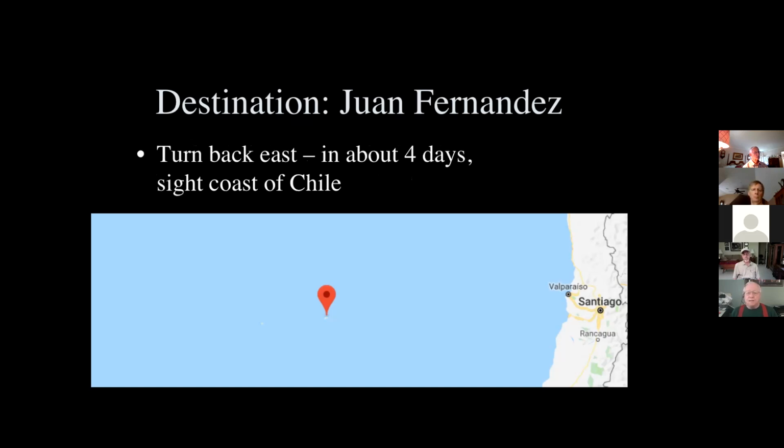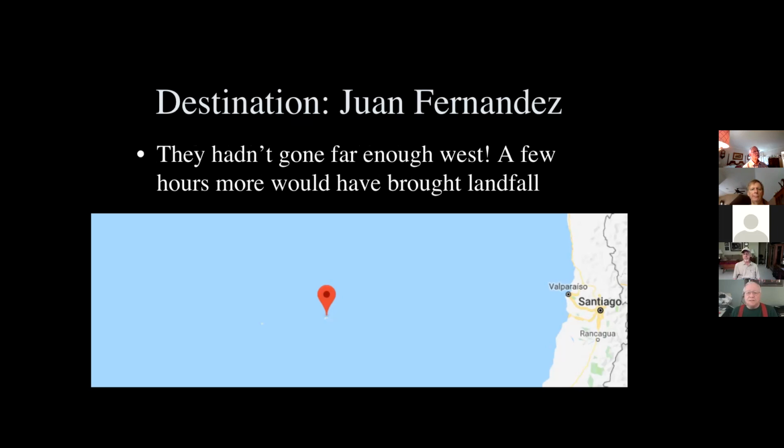They turn back east, and in approximately 4 days of sailing, they sight the coast of Chile, which of course is a hostile place they cannot go. But they now know that they missed it. They hadn't gone far enough west.